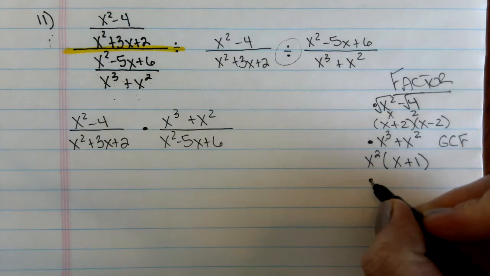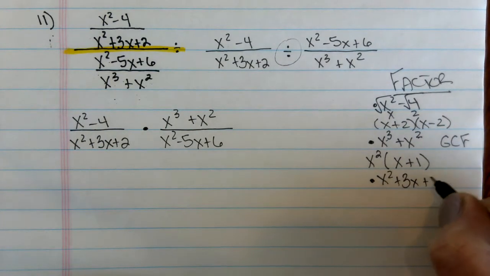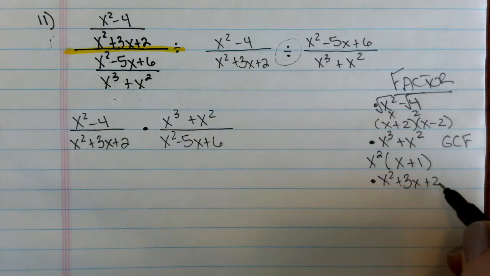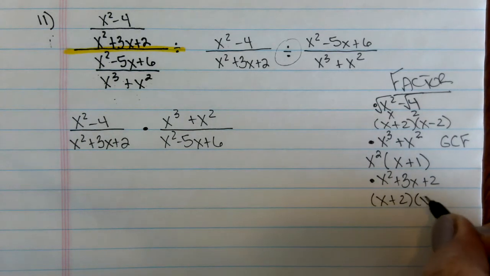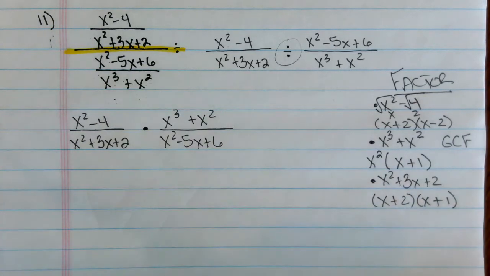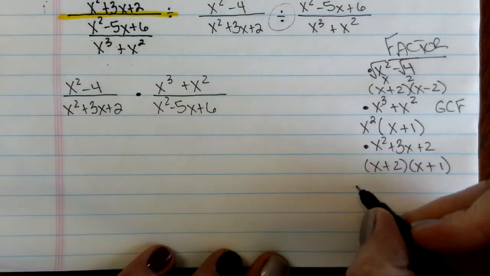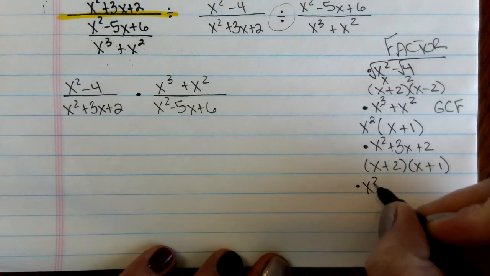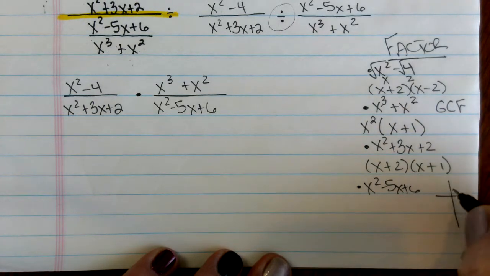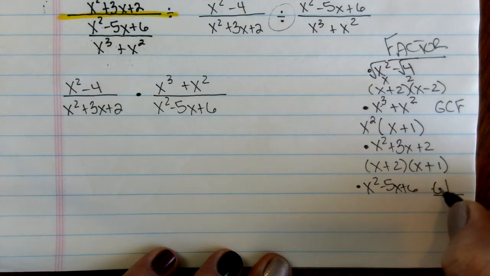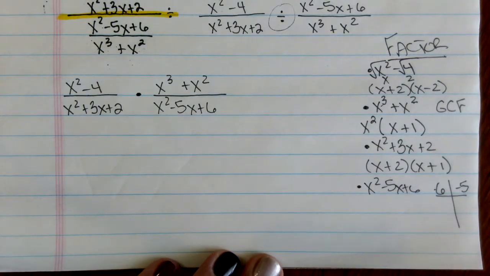Now I'm going to factor the bottom left. X squared plus 3x plus 2. I need factors of 2 that add to 3, and they are 2 and 1. And then that bottom one, x squared minus 5x plus 6. If you make an ACB chart, I need factors of 6 that add to negative 5.